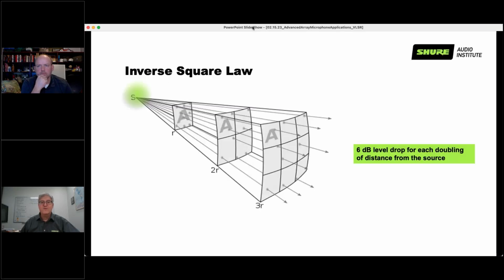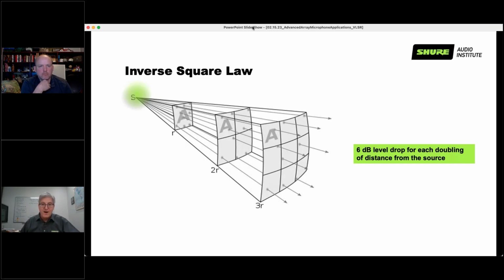We can't forget our old friend, the inverse square law, which basically tells us predictably what the sound level is going to be at a certain distance from the source, because the inverse square law tells us that there's a 6 dB drop in level for every doubling of the distance from the source.